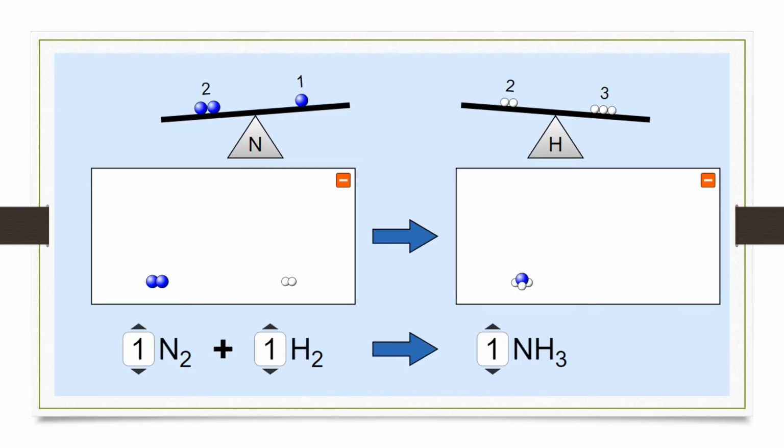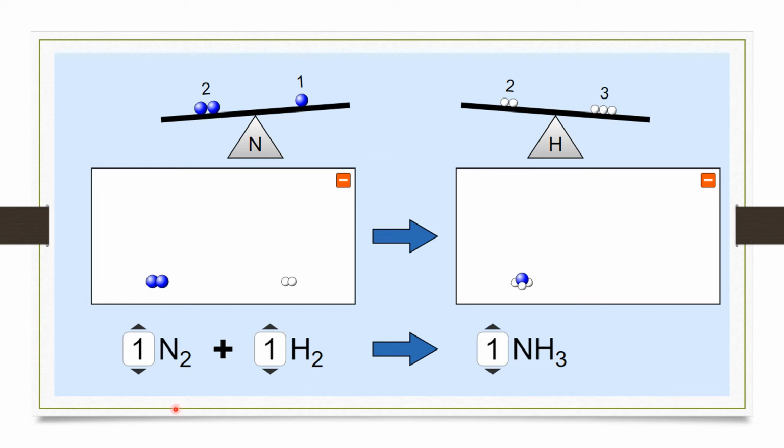The formula of nitrogen is N2. That of hydrogen is H2, and the formula for ammonia is NH3. We will use a different method to balance the equation.